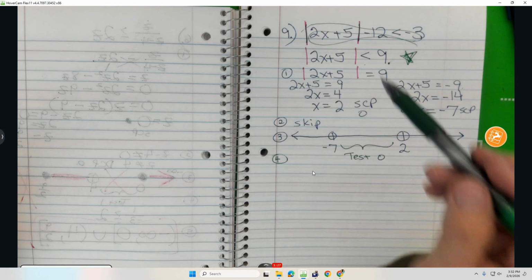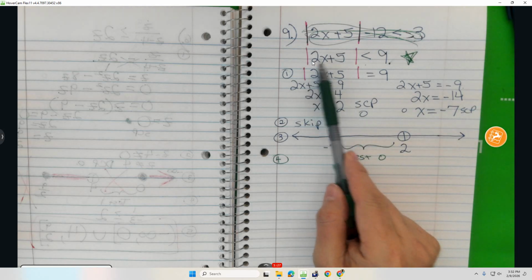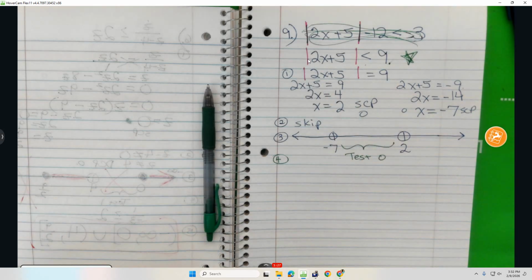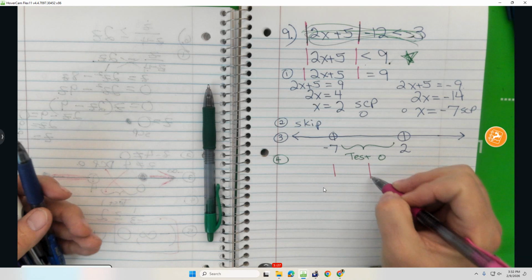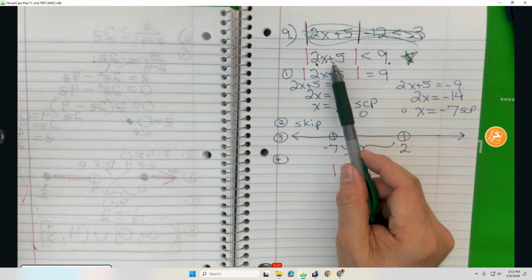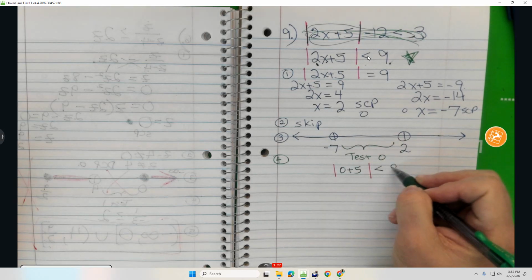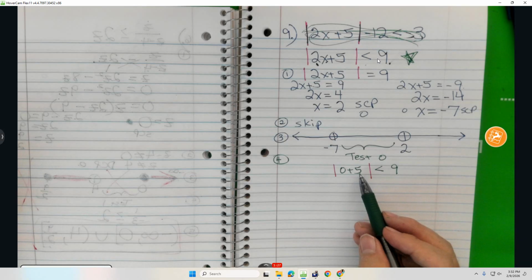Plugging it in, I'm not using the original problem. People mess up too much when they use that original problem. Plug it into the rewritten form. We have the absolute value of 2 times 0 is 0, plus 5 is less than 9. 0 plus 5 is 5.